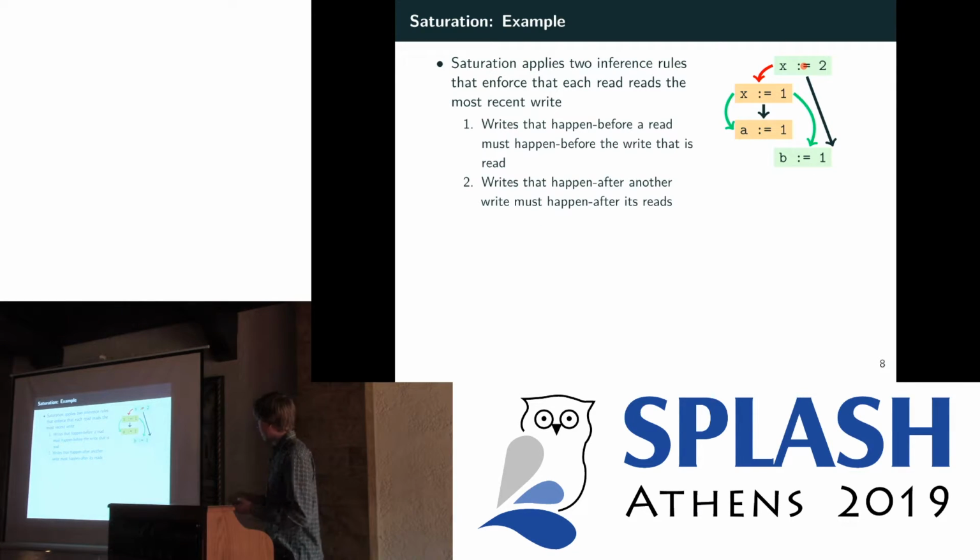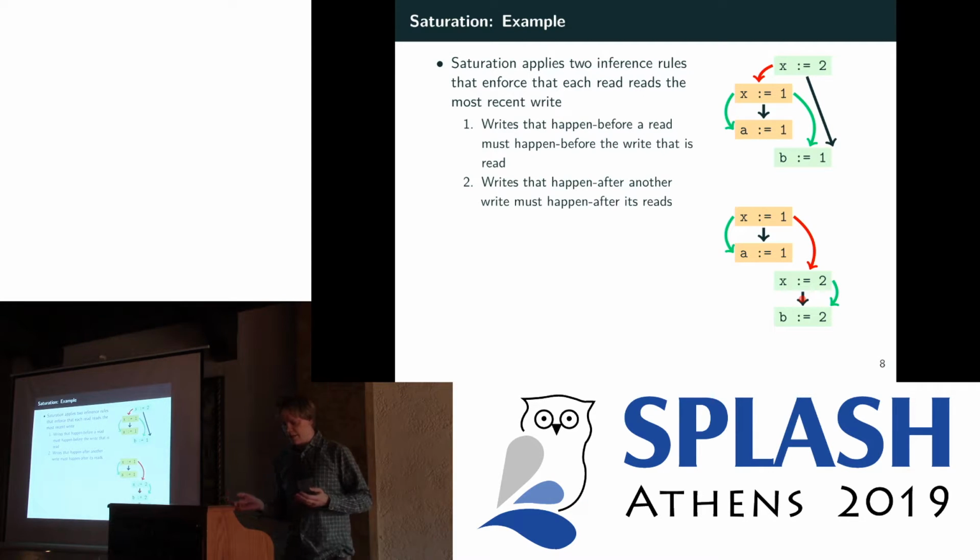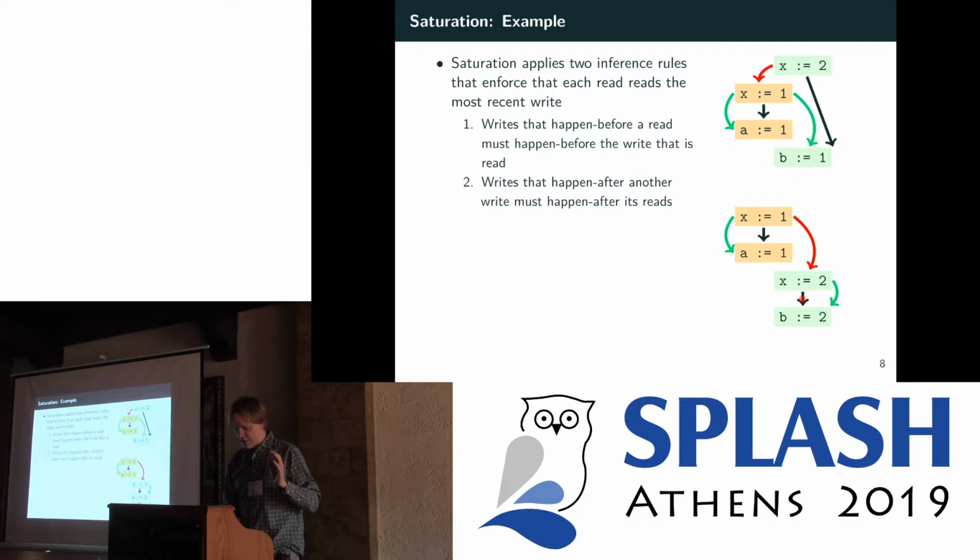And we have a second rule that says if a write happens after another write, then it must also be ordered after its read. So this is also easier to see in an example. We had this trace from before. If we say that the two writes are ordered like this, for whatever reason, say that the program continues and we infer this ordering, then we see that these two writes are now ordered.